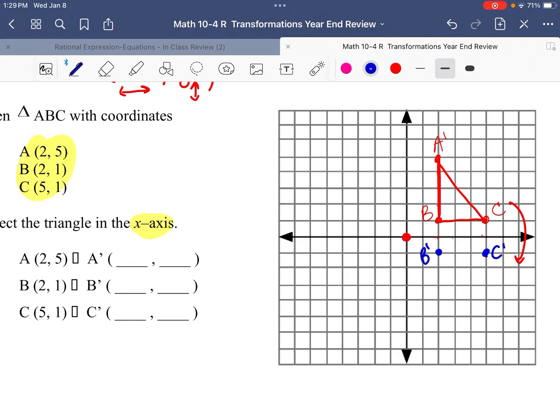And A is 5 away, so it's going to be 1, 2, 3, 4, 5 away on the other side. So we have A prime, B prime, and C prime. And here it's asking for the coordinates of the new one. So A is going to be at 2, negative 5. B is going to be at 2, negative 1. And C is at 5, negative 1. That's the coordinates of the new point.